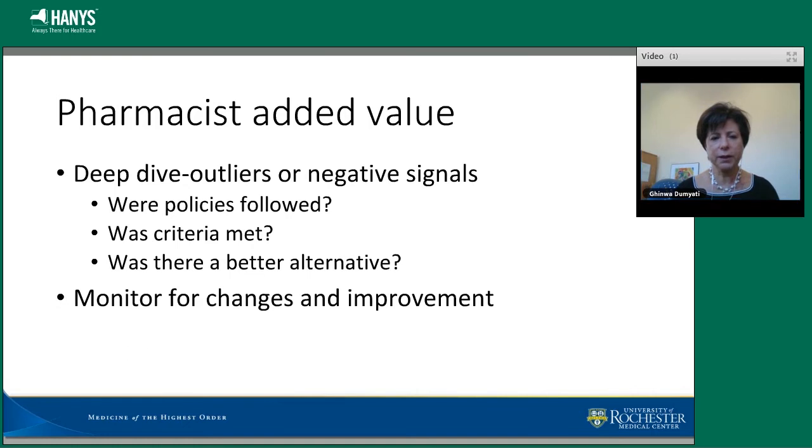And so the pharmacist can do a deeper dive and see what's good, what's bad, are the policies followed, how much quinolone we're using, how much antibiotic we're using, and what are you using them for.